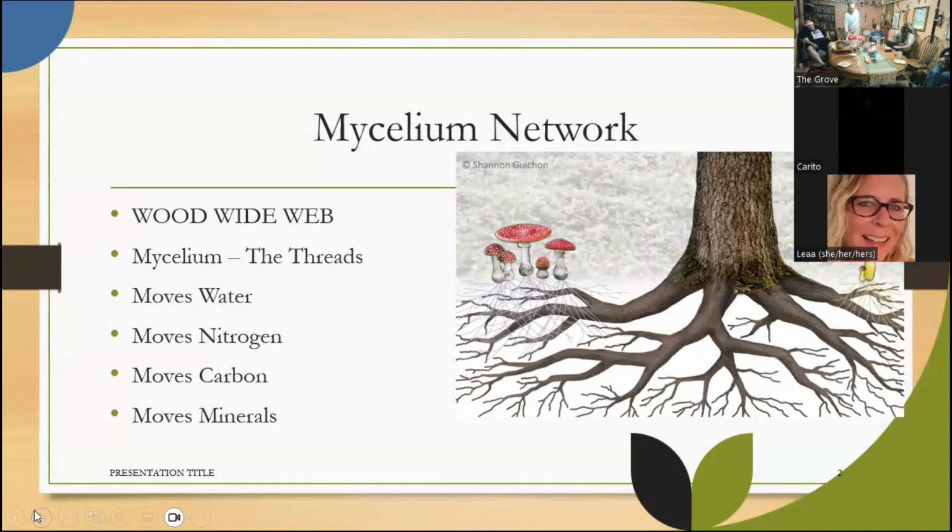To give an idea, mycelium is the tiny threads that connect the fungi to the various trees and plants throughout an area, for example a forest, a woodland. And the interesting thing is it's a mutual relationship. The fungi get something, the trees and plants get something, and it helps create that vibrant environment that you'll see in a forest or a woodland.